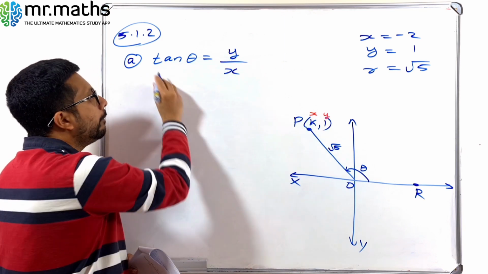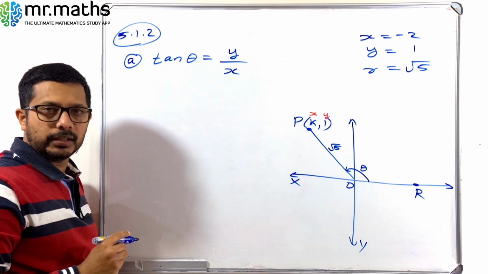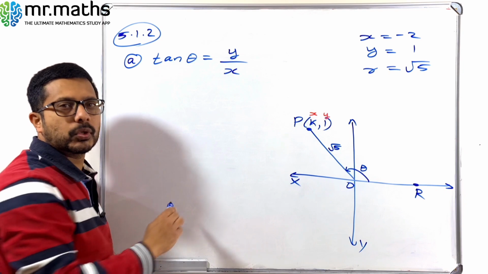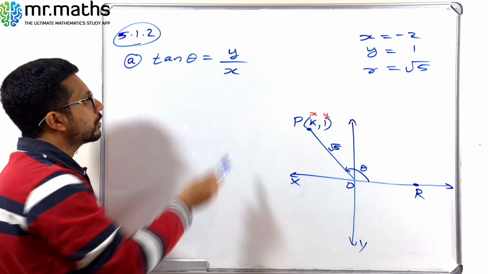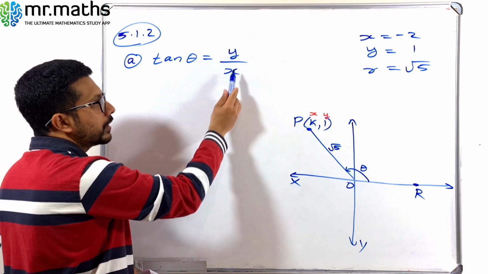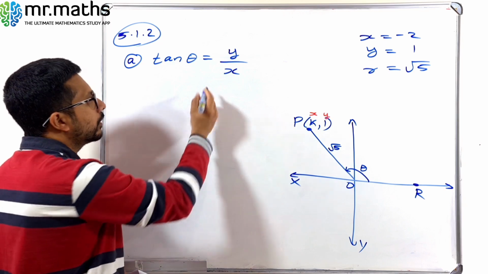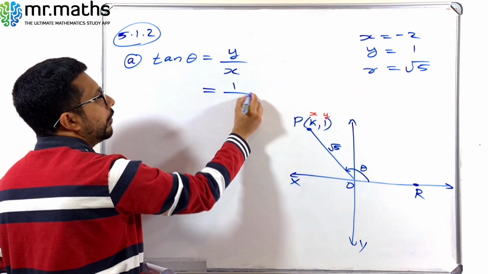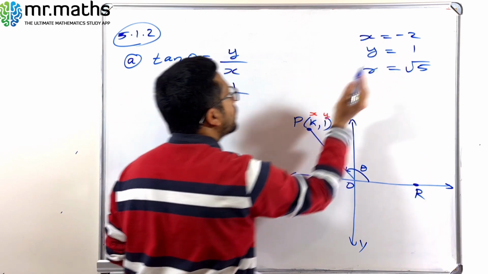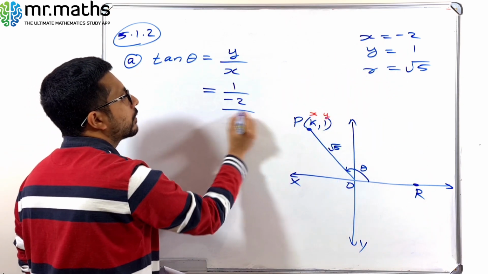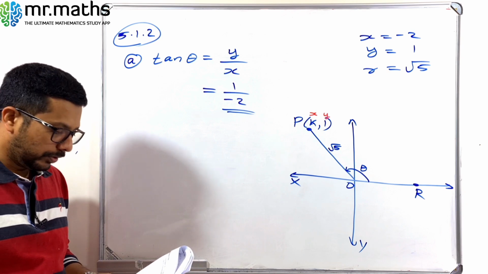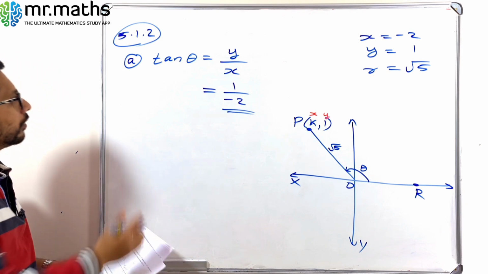Once you have a question like this, you have to know the definition, then write it in terms of x, y, and r. So tan theta is opposite by adjacent. y is 1, divided by x, which is minus 2. So the answer is 1 over minus 2. That's all. So easy.